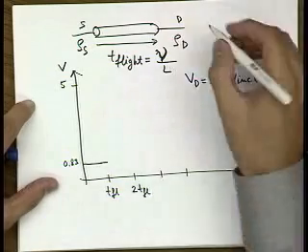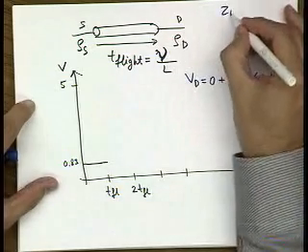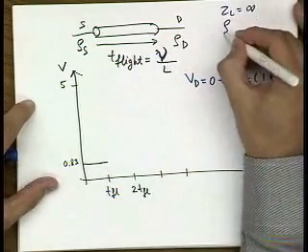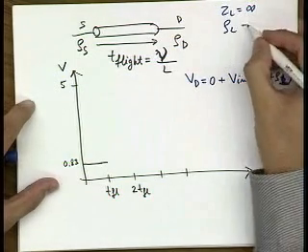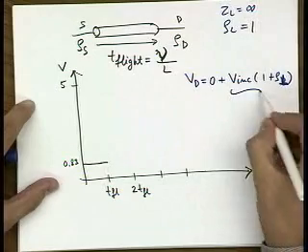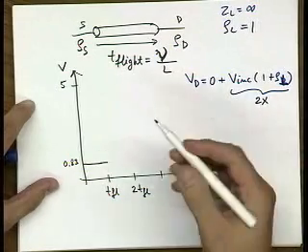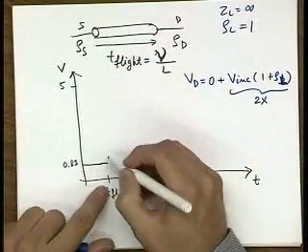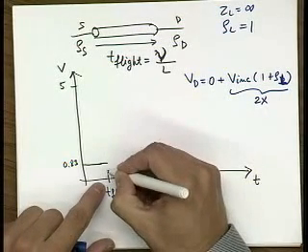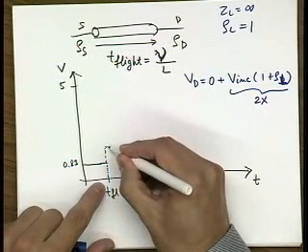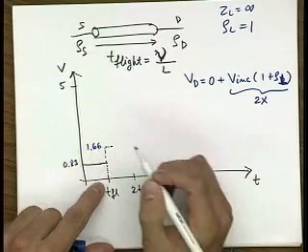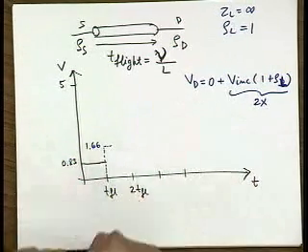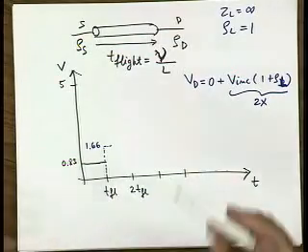If you assume that ZL is equal to infinity, then the reflection coefficient at the load is 1, so this signal will be doubled. Once it reaches the destination, we have 1.66 volts, and then this signal starts traveling back.